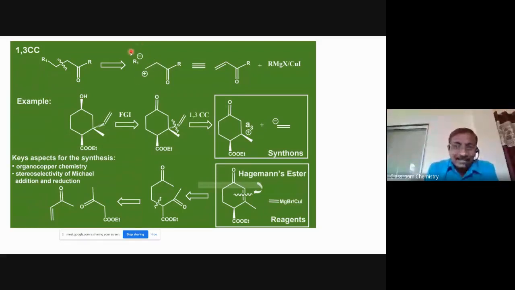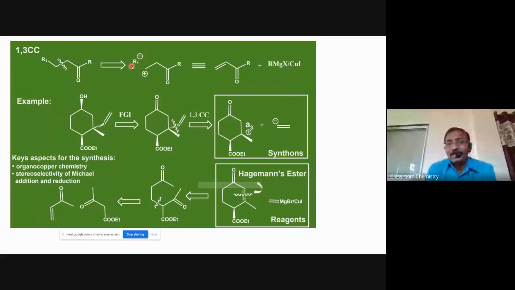Now, this alkyl group is always an alkyl halide. If the alkyl halide acts as a nucleophile, then we always prefer to convert it into R minus, an anion. This anion is observed only when it acts as a Grignard reagent, or when we add the corresponding cuprate, that is, dialkyl cuprate lithium.